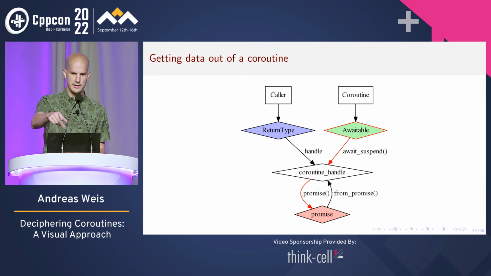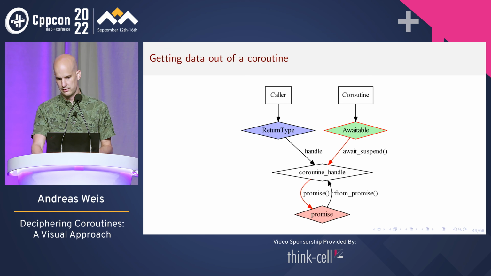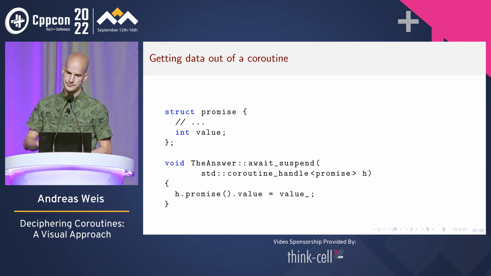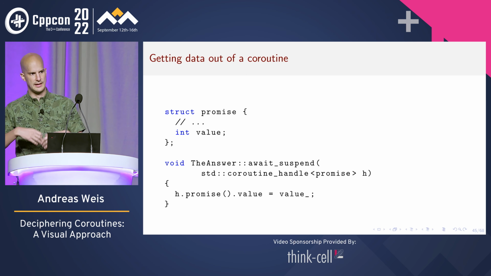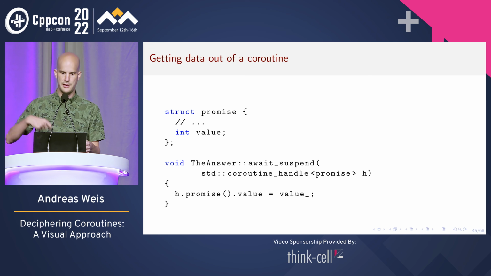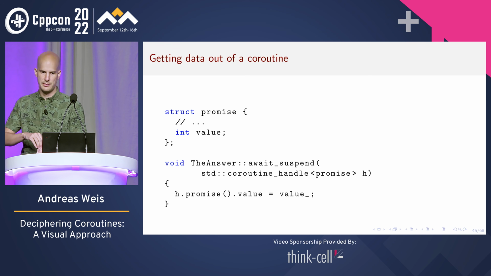The next step from there is that through the await_suspend call, I can get the coroutine handle and eventually the promise. So now in the promise, I also add a member variable for storing the data. On the await_suspend call, I take the handle, which is passed to me as a parameter.